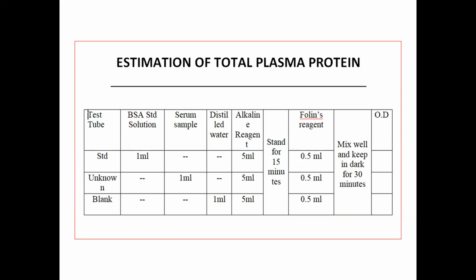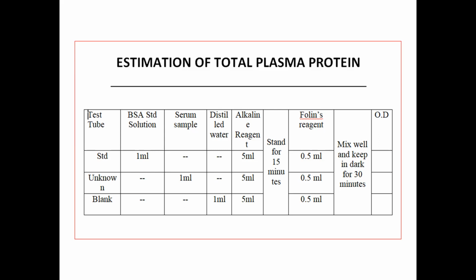Now, how to perform the total plasma protein. You should label 3 test tubes as standard, unknown, and blank. In the standard test tube, you will pour 1 ml of BSA standard solution and 5 ml of alkaline reagent. For unknown, you will add the serum sample and 5 ml of alkaline reagent.